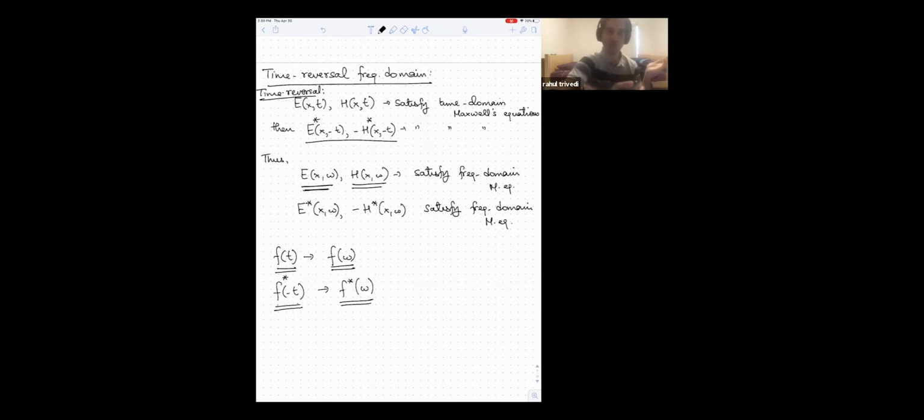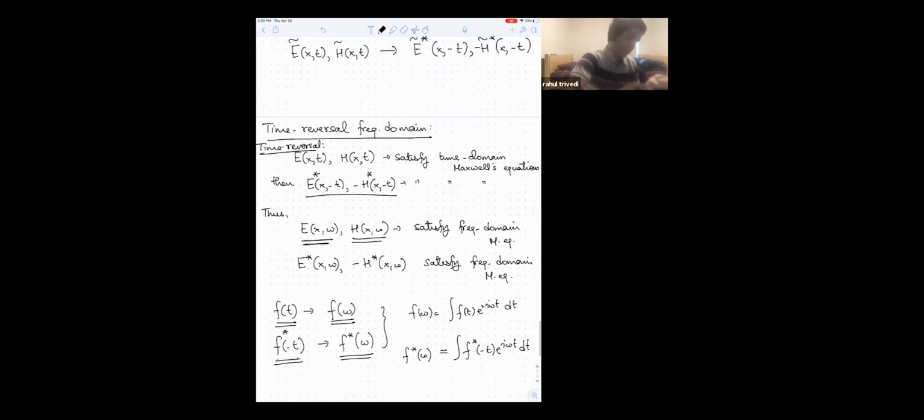That just comes from the Fourier transform formula, right? So your f of omega is the integral of f of t exponential minus i omega t dt, or plus i omega t dt. So what is the Fourier transform of f star of minus t? Something like this, and you can show this is just equal to f star of omega. It's a very simple mathematical manipulation, and that's all that we are saying here.